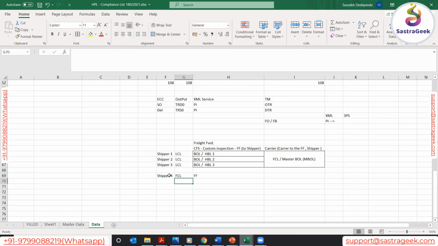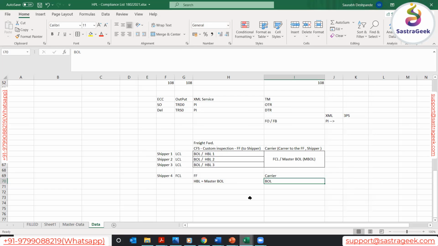Then in this case, since you have already utilized the full container capacity, your house bill of lading can be equal to master bill of lading, which is also communicated and circulated to the carrier. Is this clear? Sandeep, so it means the house bill of lading.